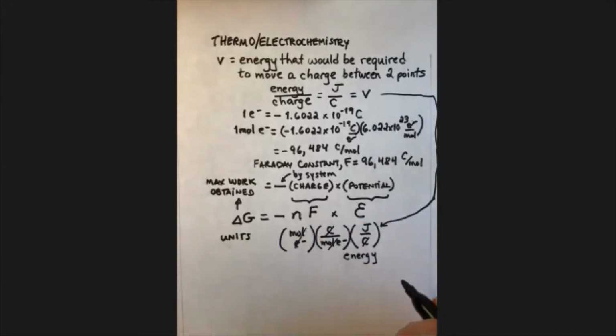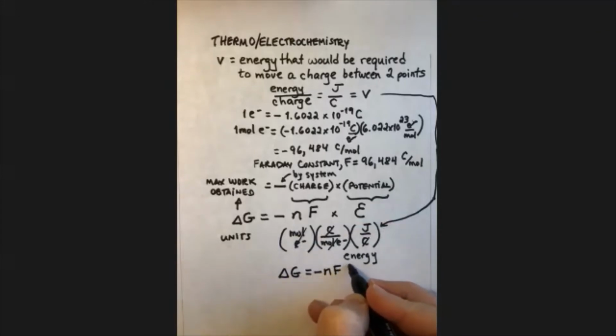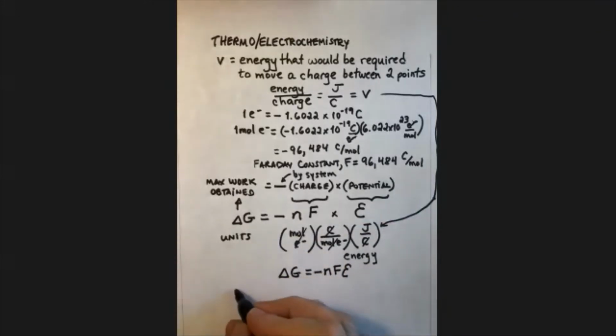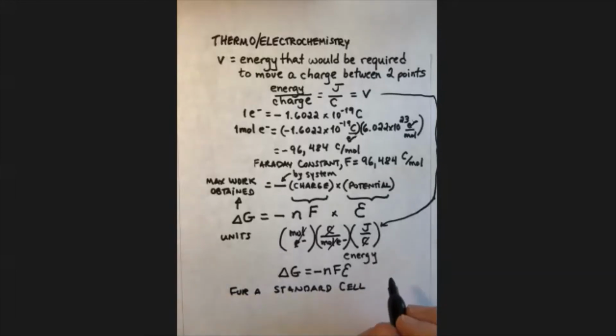So if I were to do a standard cell, I can take this equation I just derived, delta G equals minus n F times the potential. And for a standard cell, and remember when we say a standard cell, we mean these are conditions under which any electrolytes or ions are in 1 molar concentrations. Temperature is expected to be 25 degrees Celsius.